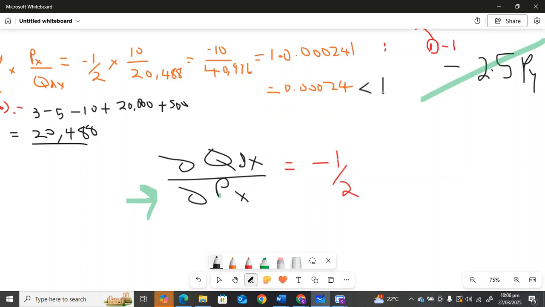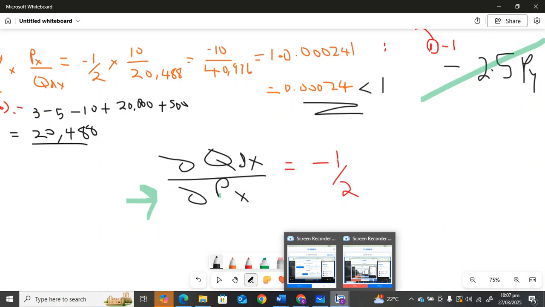Is it price elastic, inelastic, or unit elastic? Wonderful. Demand is inelastic.